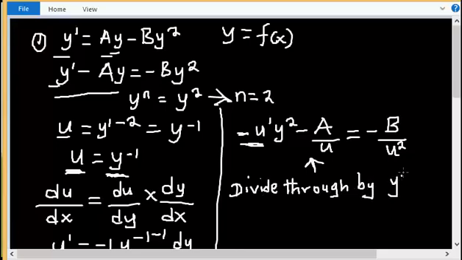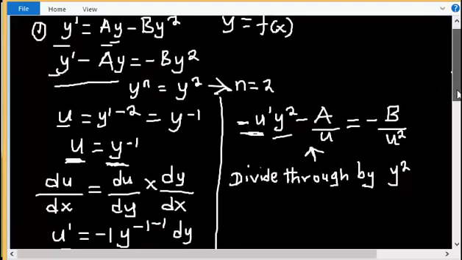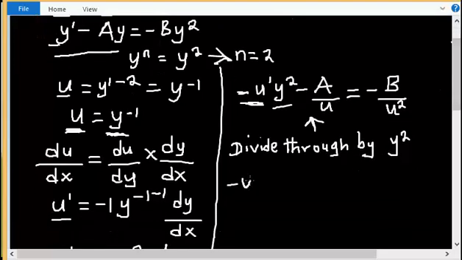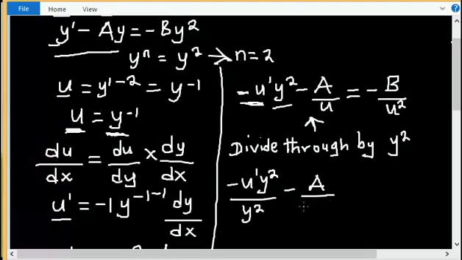So now let's do that. Dividing through by y squared, I'm going to have u prime y square divided by y square, then minus a all over u, still divided by y square, equal to minus b all over u square, divided by y square.